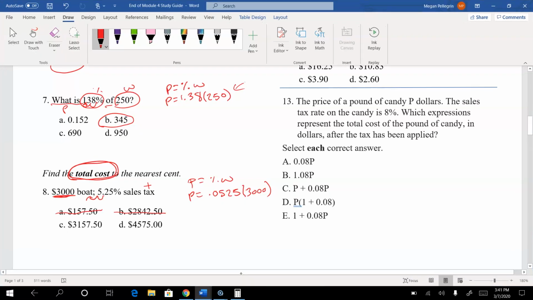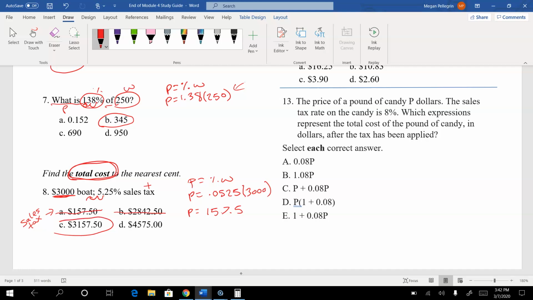So we already crossed that out because this answer was the amount of sales tax. So we need to take that answer and we need to add it to our original price. And so when we add it, we get that C is our correct answer.